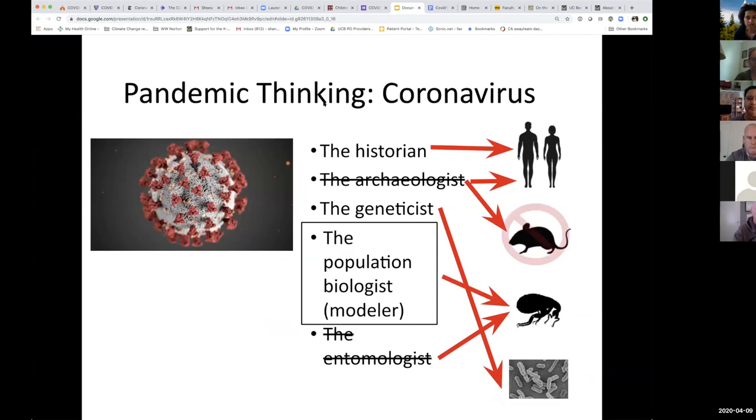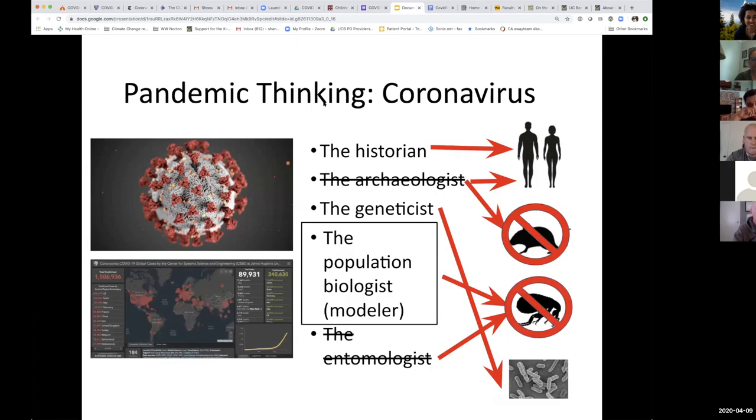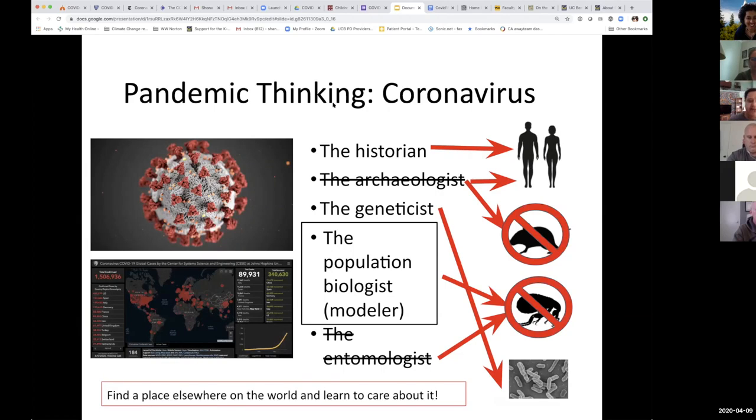Okay, next slide. Okay, so coronavirus is a virus, not a bacterium. Geneticists are also tremendously involved in chronicling the spread of this.